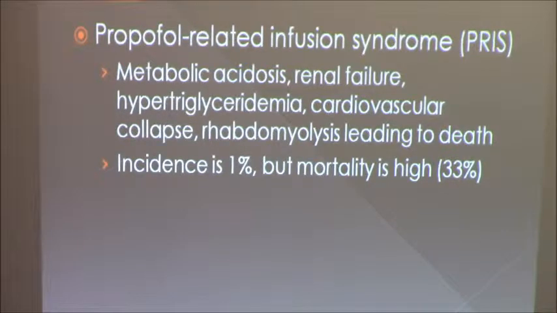This is a very big catastrophic culmination of a bunch of complications. It can cause metabolic acidosis, renal failure, increased triglycerides, severe cardiovascular collapse to the point where you really can't bring patients back from it, and then rhabdomyolysis. It doesn't happen very frequently, the incidence is about 1%. However, when it does happen, mortality is pretty high. So what is propofol-related infusion syndrome?